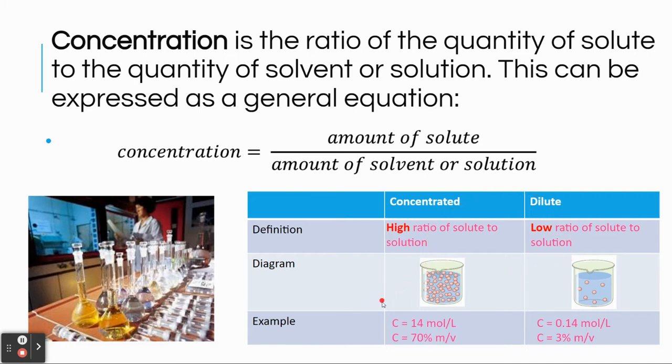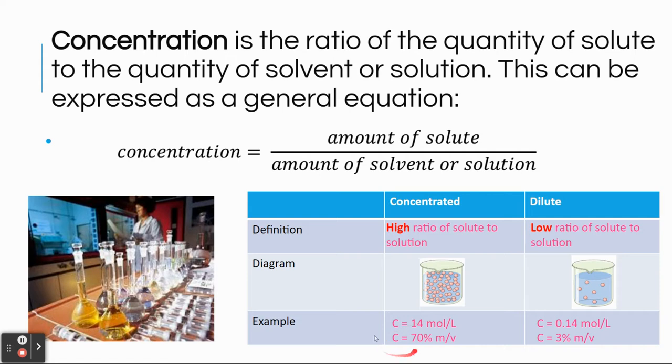And so here you can see just some mathematical examples of what it would look like on a numerical level. So for example, if we have a concentration of 14 moles per liter, that essentially means you have 14 moles of whatever you're dealing with per liter of solution. And that's more concentrated than something like 0.14 moles per liter. So 0.14 moles of whatever the solute is per liter of solution.